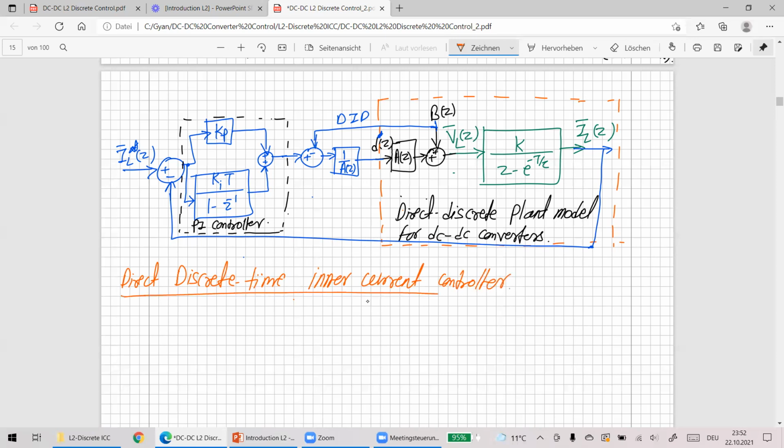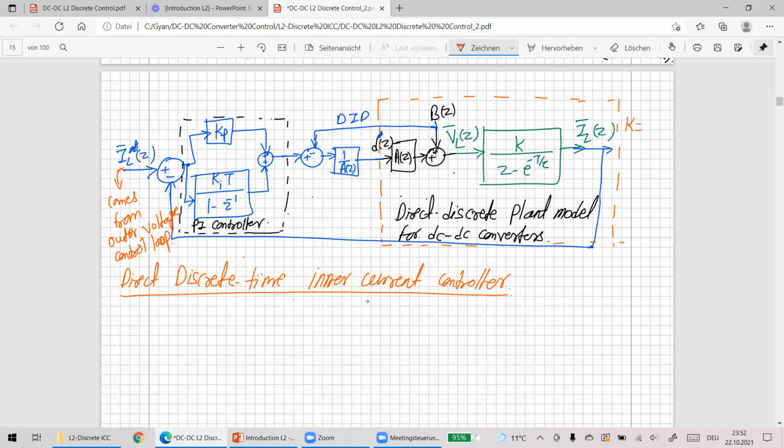controller. It is important to note that this reference value comes from the outer voltage control loop, which we will see in the next video. And here let's write the value of variables.